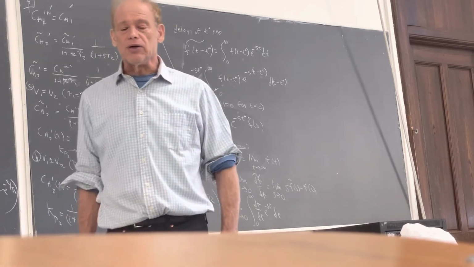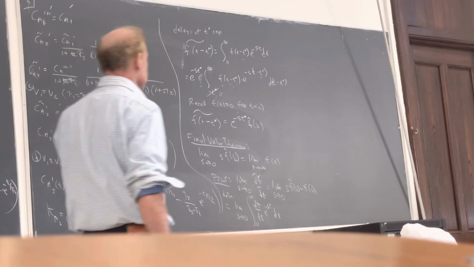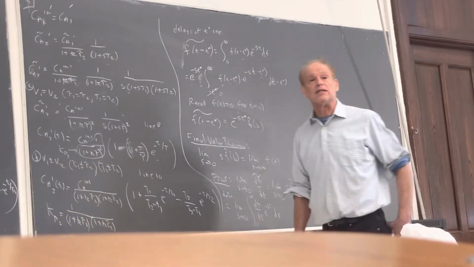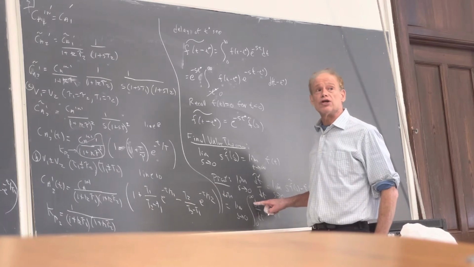Now again, I'm going to do something that needs mathematical justification, but since this is an engineering class and not a math course, I'm not going to justify it. I'm going to switch the limits. That is, the integral is a limit, and this is a limit, and I'm going to move this limit inside. That requires justification.